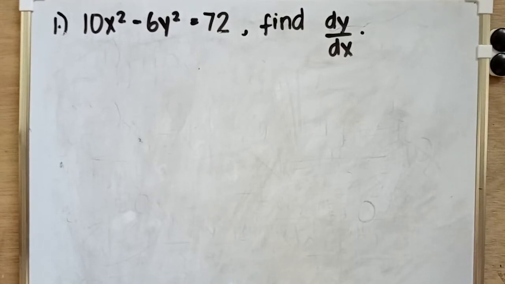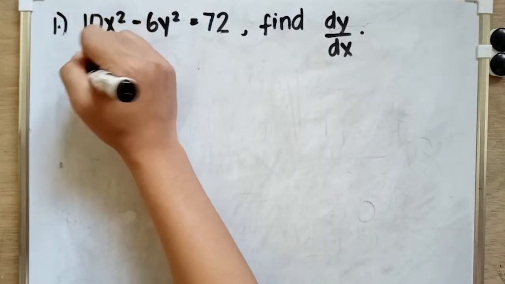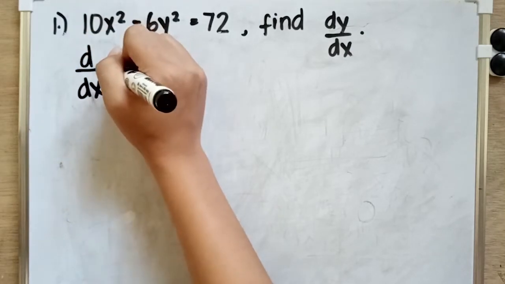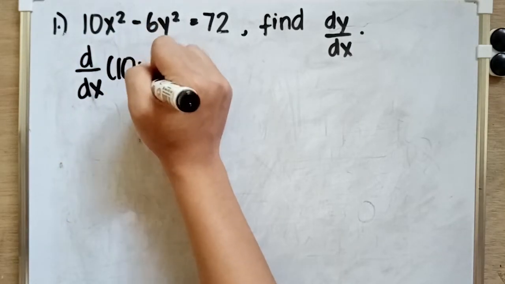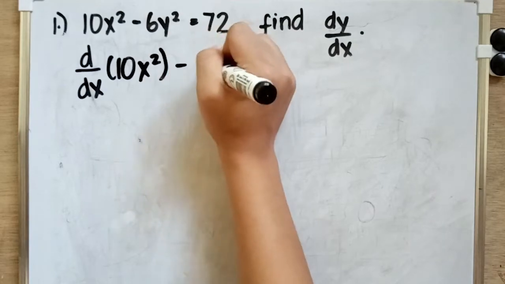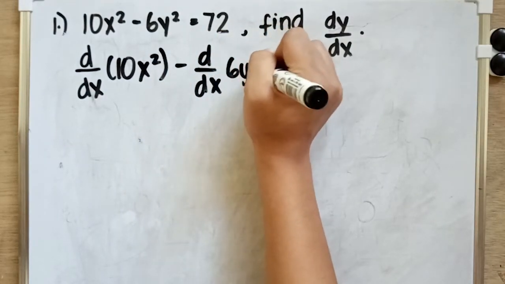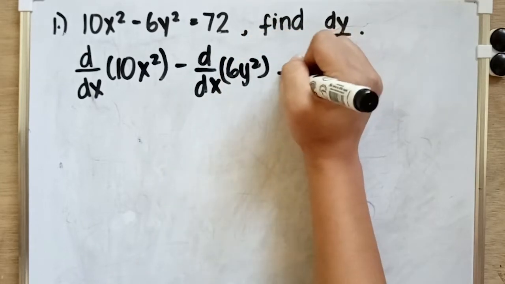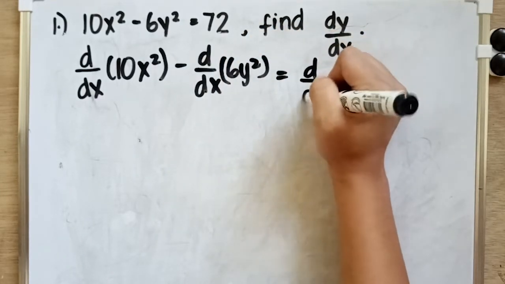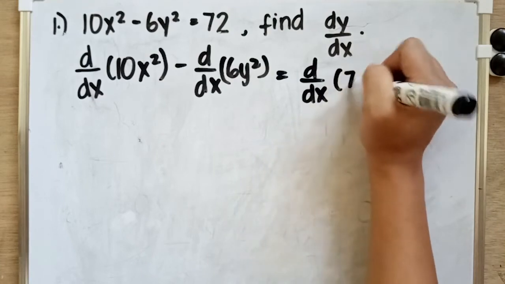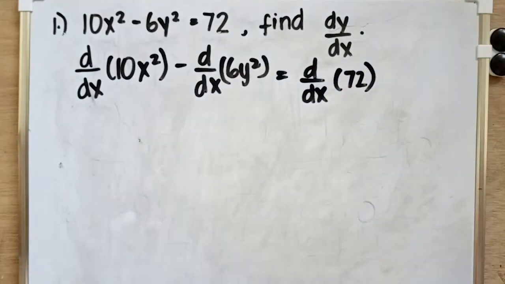Ang una natin gagawin is to differentiate each term with respect to x and think that the other variable is a function of x. Now we have derivative of 10x squared minus derivative of 6y squared equals derivative of 72.